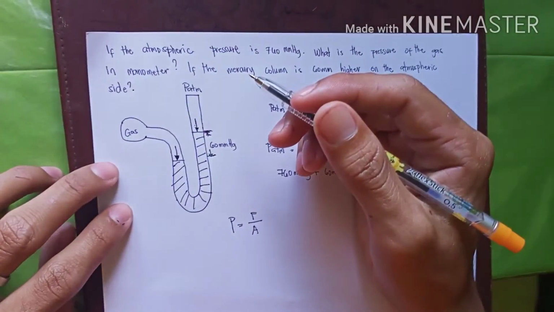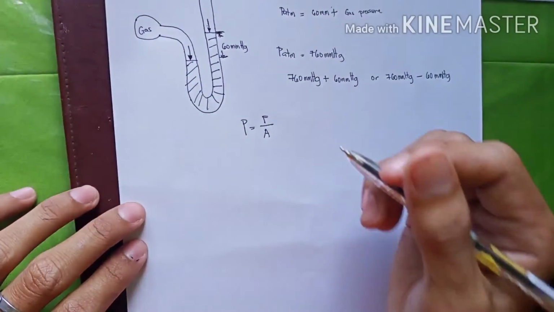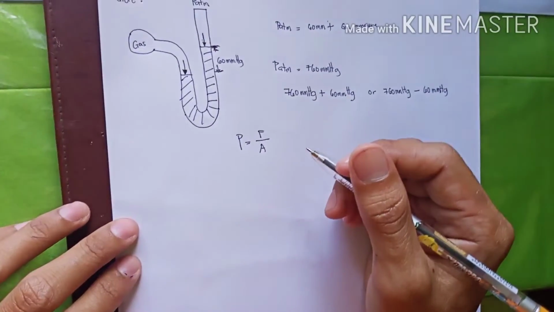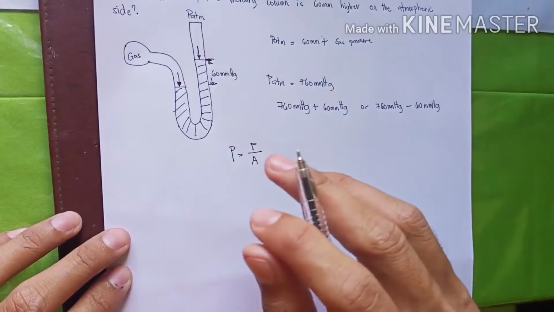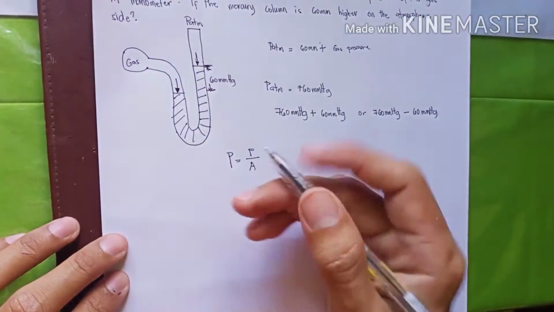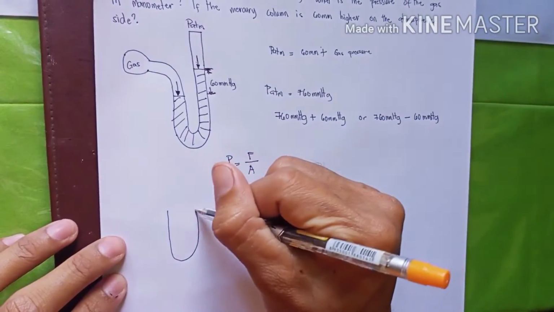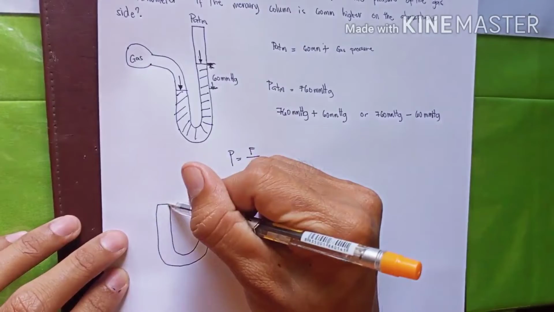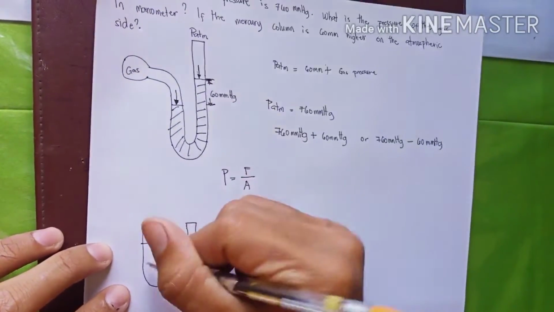Now let's say the mercury was at the same height. If it has the same height, they both exert equal force on the mercury column.